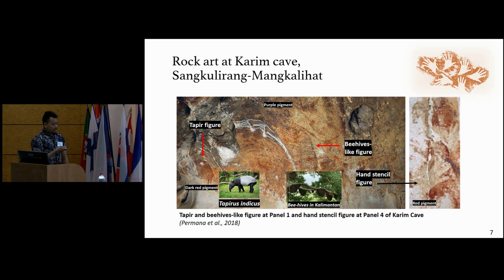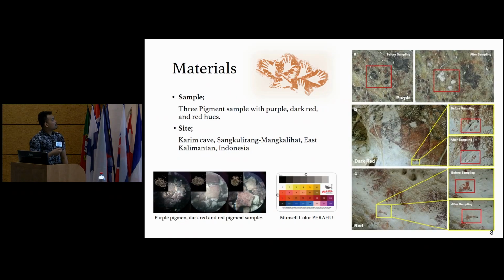So we are going to analyze these different pigments, the dark red pigment, the purple pigment, and the red pigment, as the object of our research. The materials of the research are 3 pigment samples with purple, dark red, and red hues.